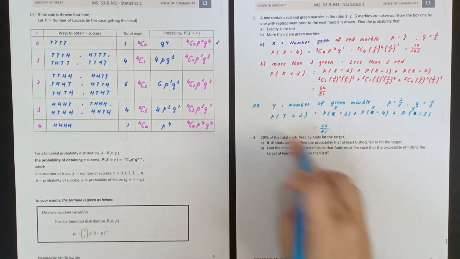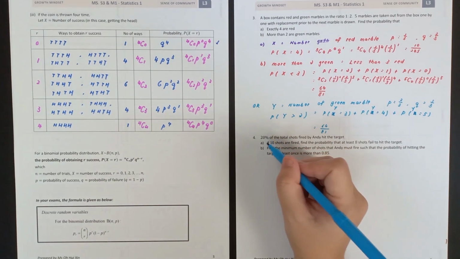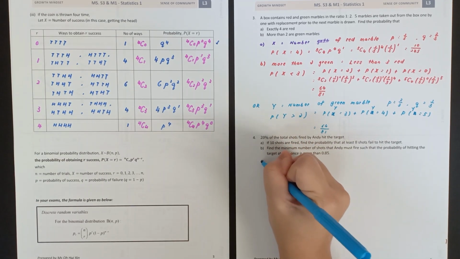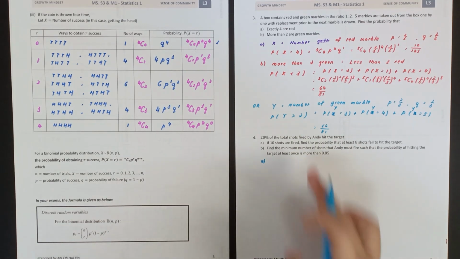Okay, so 20% of the total shots fired by Andy hit the target. If 10 shots are fired, find the probability that at least 8 shots fail to hit the target. For A, I'll still do hit the target because I will find it easier to solve the B question later.